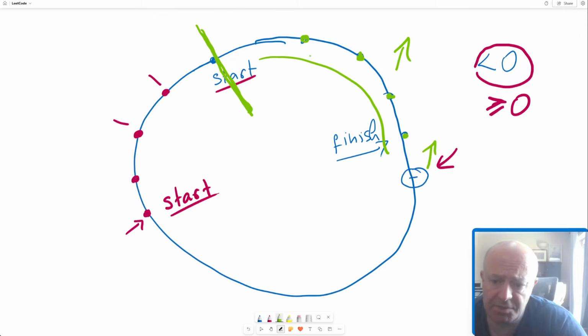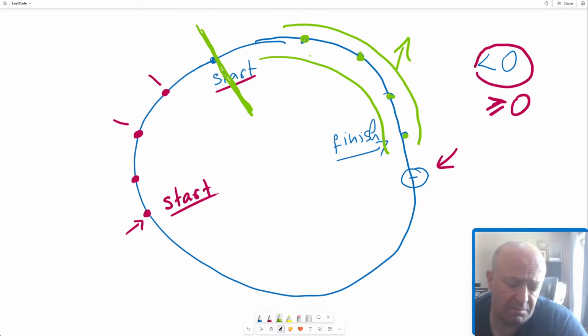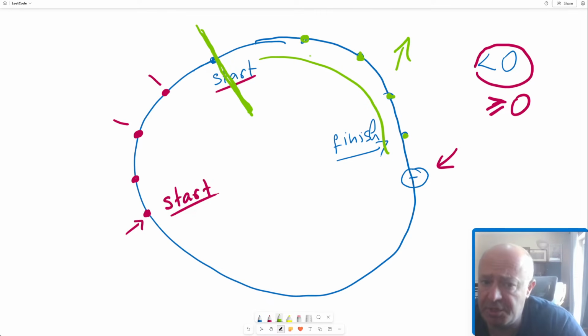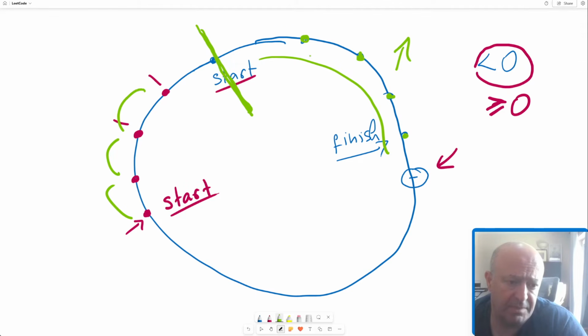This was negative, now it's 0 or better. So all of these would also be better off. So we can still reach all of these, I mean, all of these trips are valid. But what about here? Is it possible that we ever run out of gas along the path here?